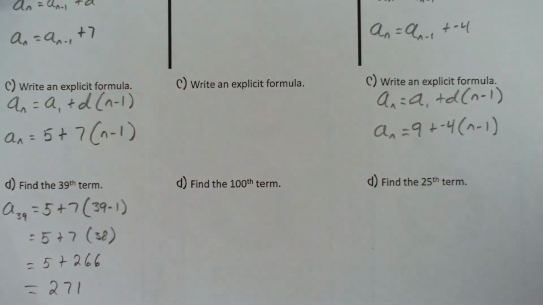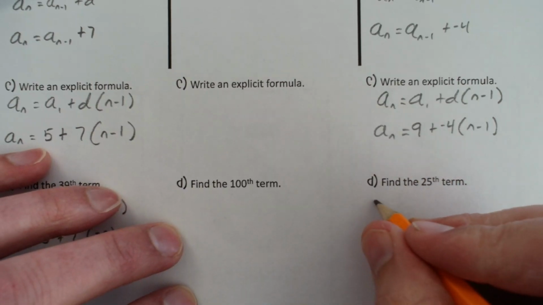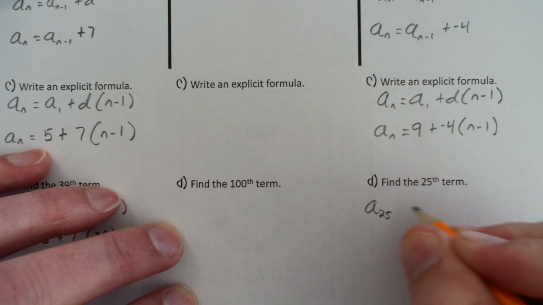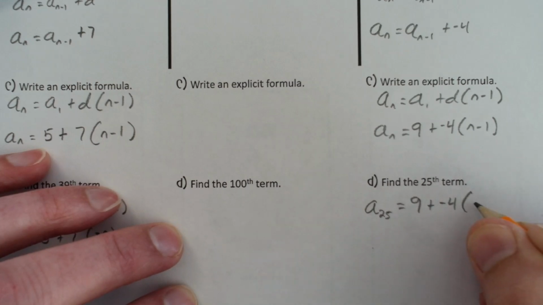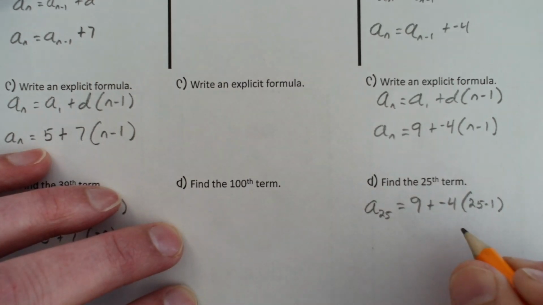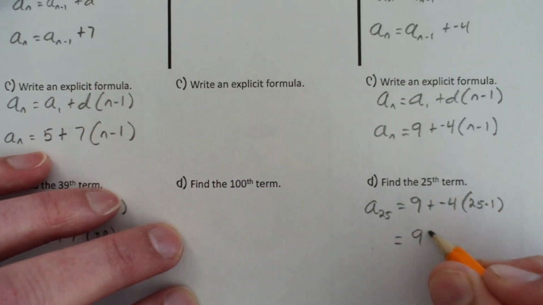And then I asked for the 25th term. So now I'm going to plug 25 in for n because that's the term I'm looking for. So a_25 equals 9 plus negative 4 times (25 minus 1). So this becomes 24.